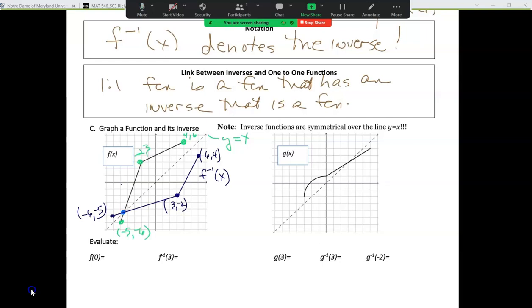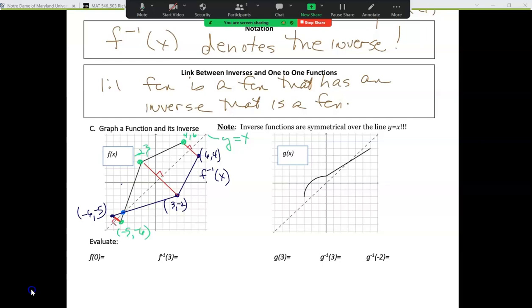Notice how these points between the inverse and the regular function are related. I would not tell you to draw these in, but do you see how there is a straight line connecting these? And when it crosses that line, a right angle is formed.